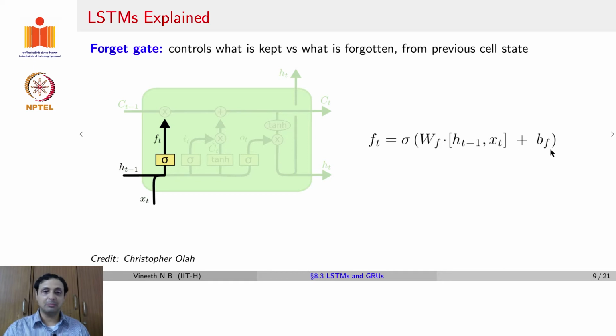You have a bias bf corresponding to the weights, and then you apply a sigmoid activation function to ensure your outputs lie between 0 and 1. That's the output of the forget gate. And what does the forget gate do? It does an element-wise multiplication with the previous cell state Ct minus 1 to decide how much of that information should be erased and how much of that information should be kept.